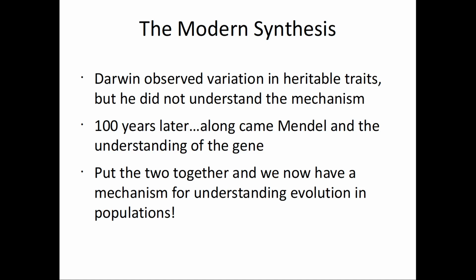If you recall, Watson and Crick and Franklin did not reveal the structure of DNA until the 1950s. So we're talking about 100 years prior to that. But we put Darwin's observations together with modern understanding of DNA and genetics, and we begin to understand a mechanism for evolution in populations.